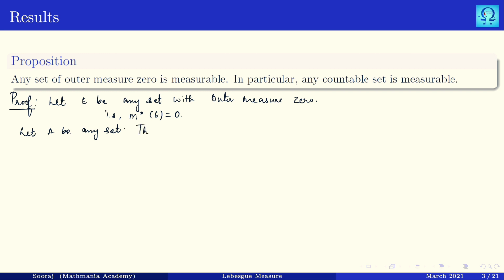Now, A intersection E is a subset of E. Am I right? Yeah. Therefore, m star of A intersection E is smaller than or equals m star of E, which is assumed to be 0.